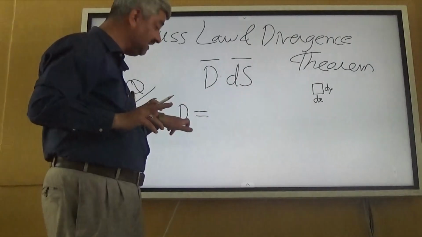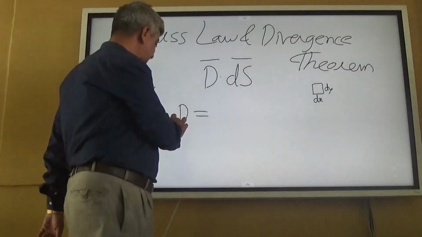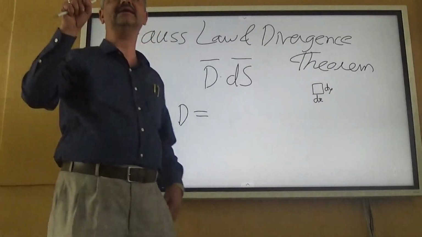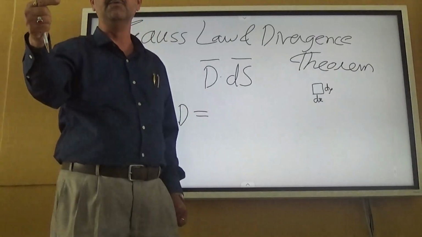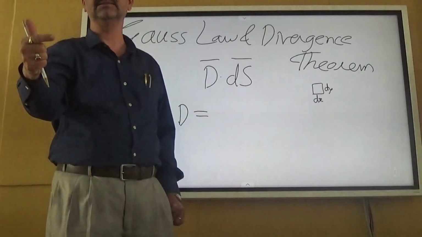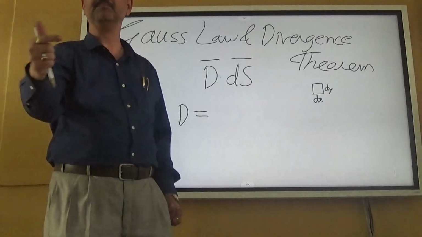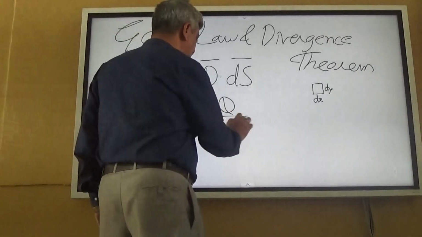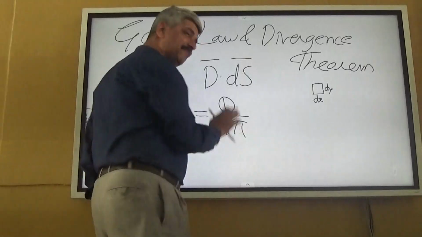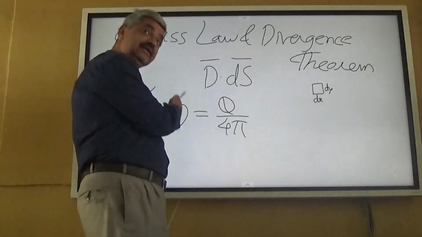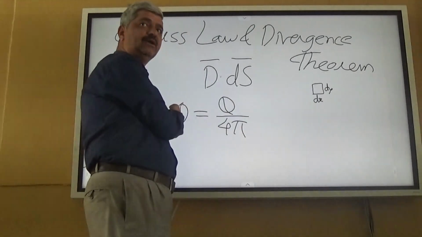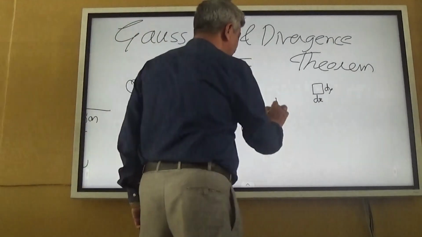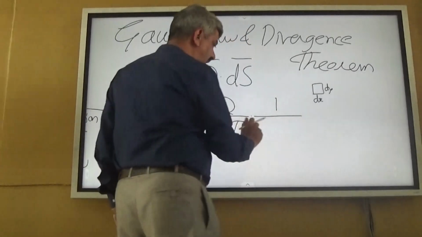What is D? Electric flux density D at a point on the front surface of the cube which is located at z equal to 1 will be q upon 4 pi r squared, epsilon is not there when we consider D, into 1 upon r square.